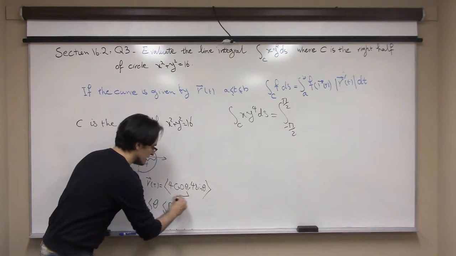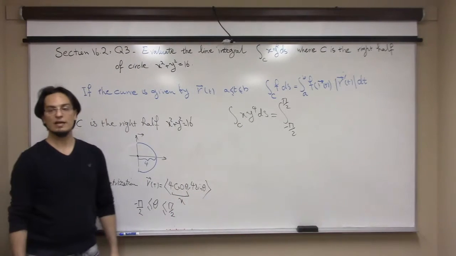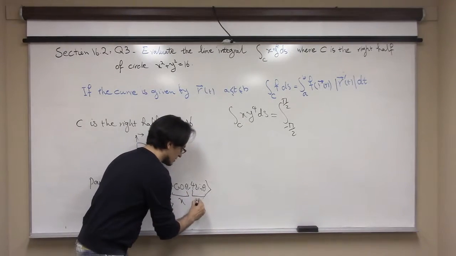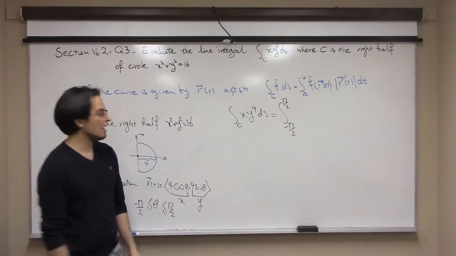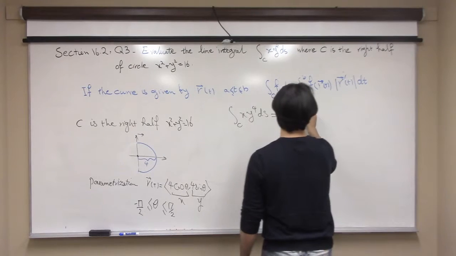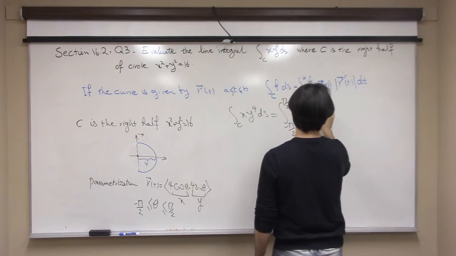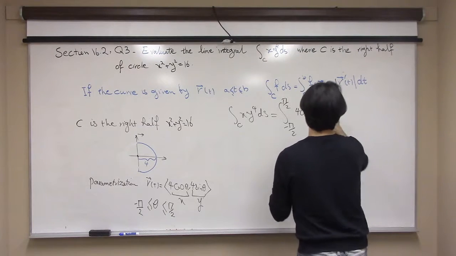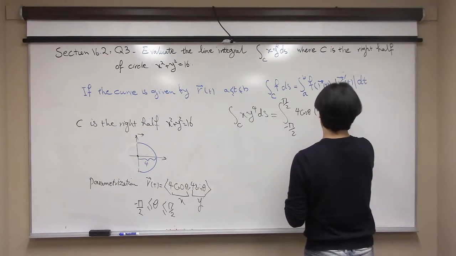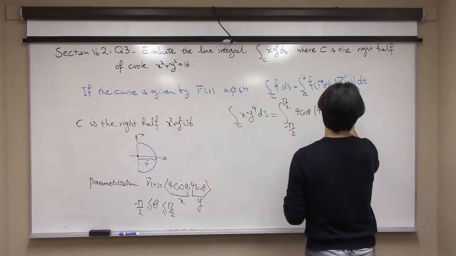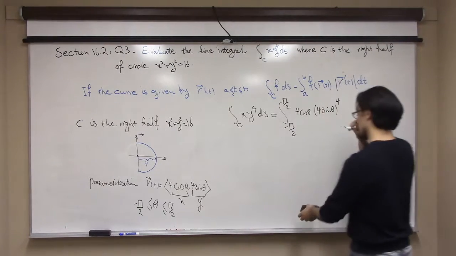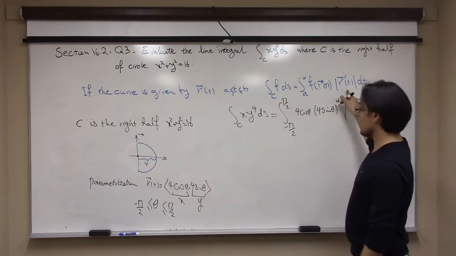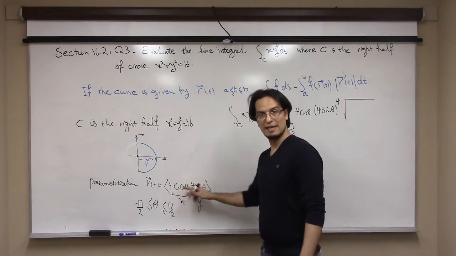That means plug in 4 cosine theta for x, 4 sine theta for y. And then you get 4 cosine theta times 4 sine theta to the power 4. That's the second step. The third step is find r prime and then its length.